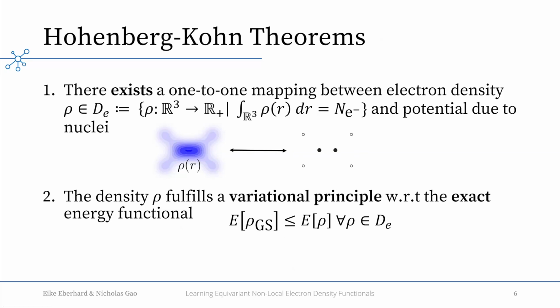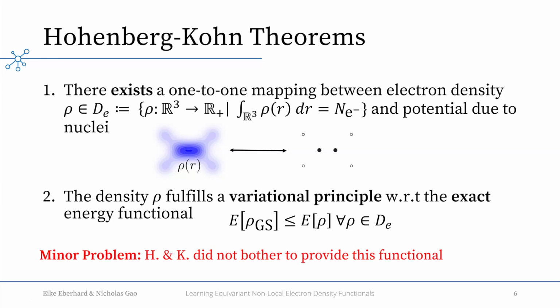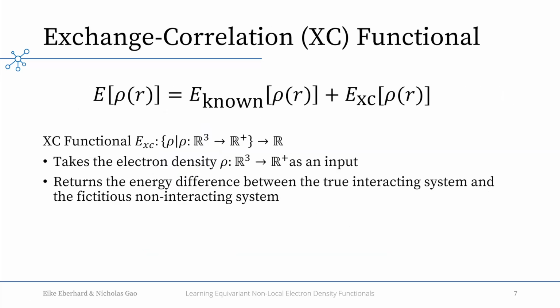Getting ahead of myself. So there's a minor problem. Hohenberg and Kohn just didn't bother to provide this functional, which on its own makes this a really nice theory, like we physicists like to do, but it's not really applicable at this point. So how do we construct this energy functional?